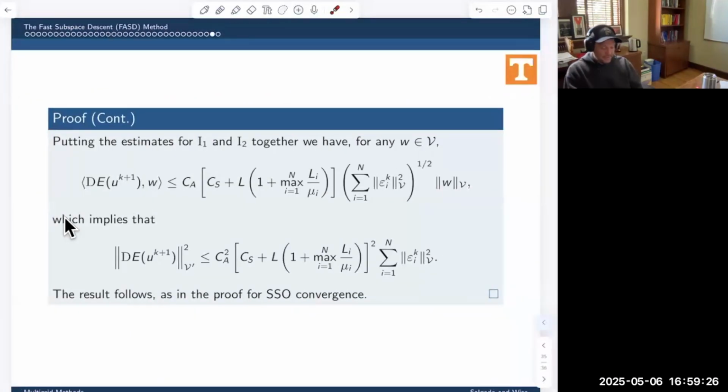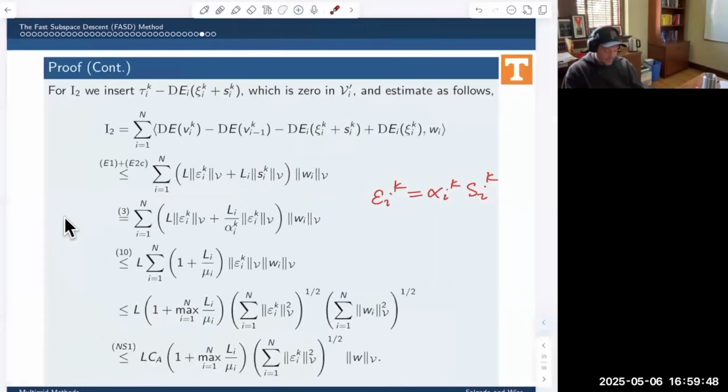Now we're going to put estimates for 1 and 2 together, and it turns out this is the piece for 1, and the piece for 2 that we just did is all of that. So 1 and 2 added together give us that. The nice thing about both 1 and 2 is they have a common feature, which is that term, and maybe they also have a common CA.